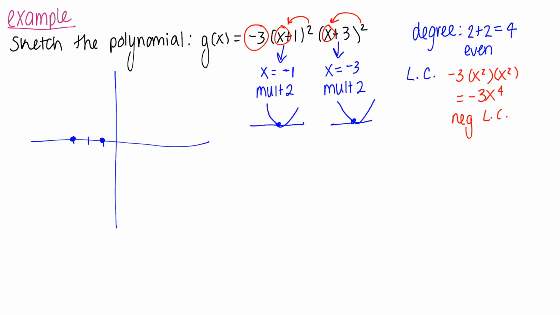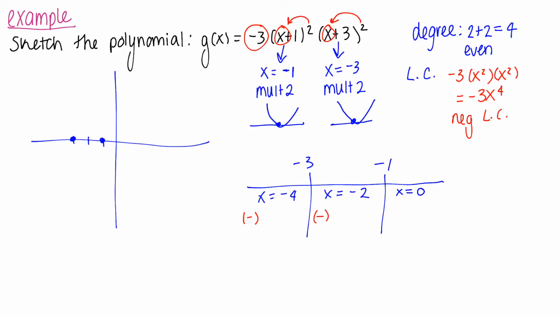But I'm going to go ahead and do a chart for funsies. So you have -3 and -1. I'll choose -4, -2, and 0. Now remember, because of this -3, there's going to be a negative in front of all of them because there's a negative in front of the polynomial.